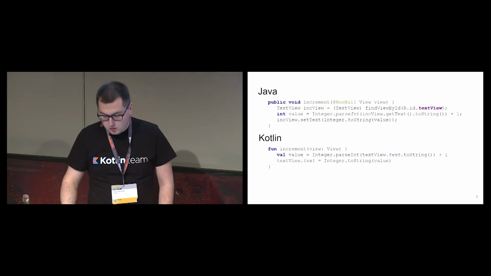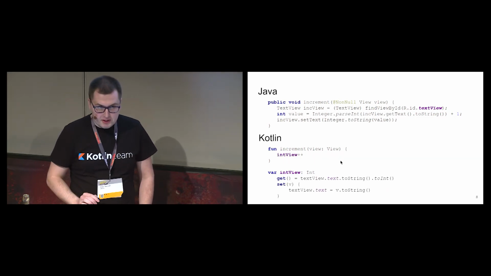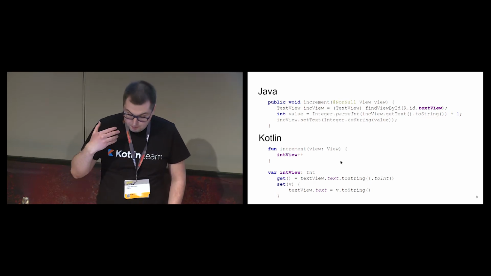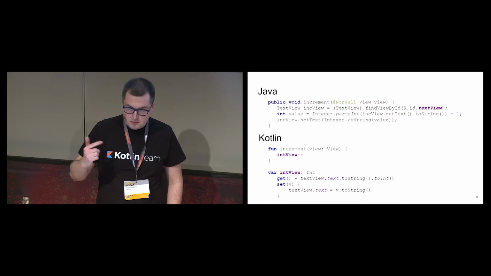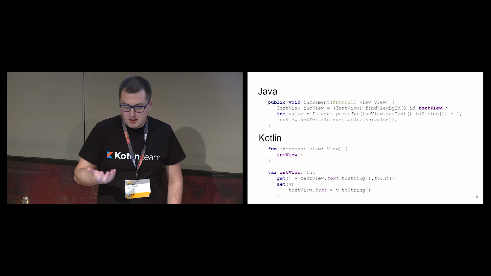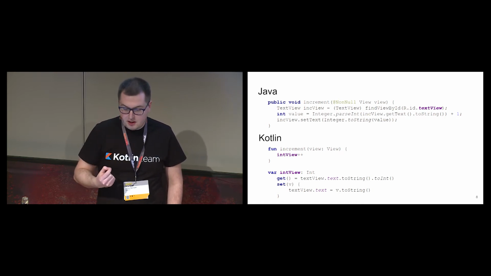So what you can do is you can create a property that has a getter and a setter, and it works just like that text property did. So when you read it, the getter is invoked, and when you write to it, the setter is invoked.